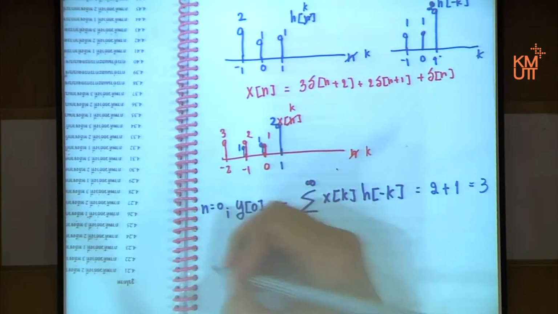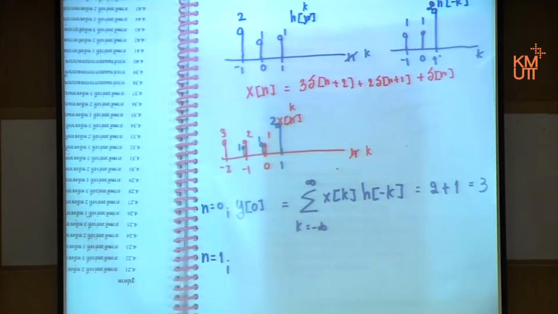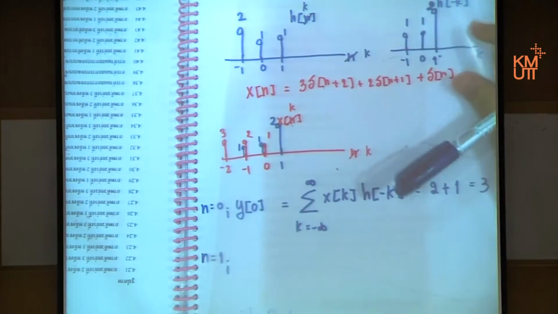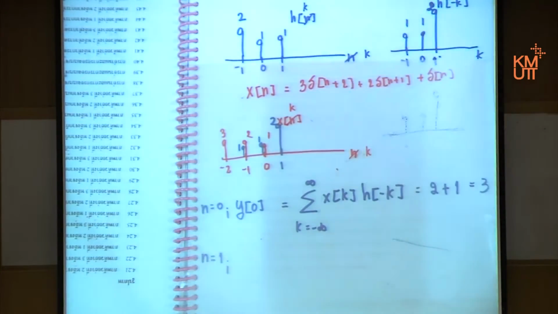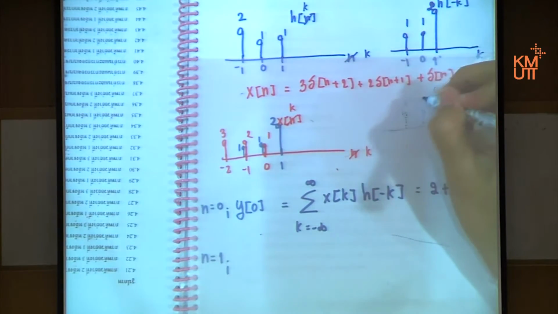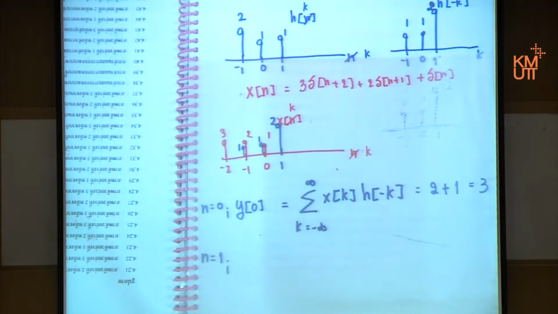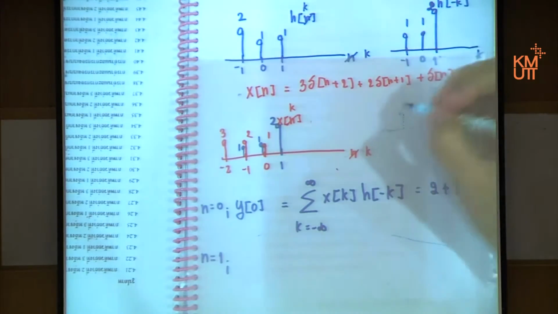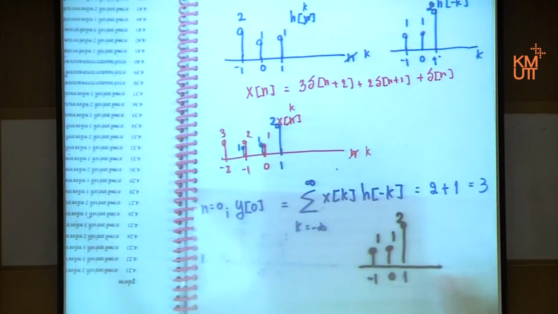If you want to find y1, n equal to 1, เพราะว่าเดี๋ยวมันต้องมีการชิฟต์ อาจารย์ขี้เกียจวาดหลายรอบ ดังนั้นขอ copy รูปนี้อยู่บนแผ่นใสนะ คุณมองเห็นมันไหม 1 1 2 นะ ลบ 1 0 1 นะ Okay, now we have h minus k.